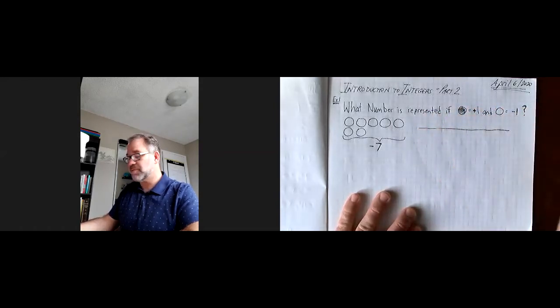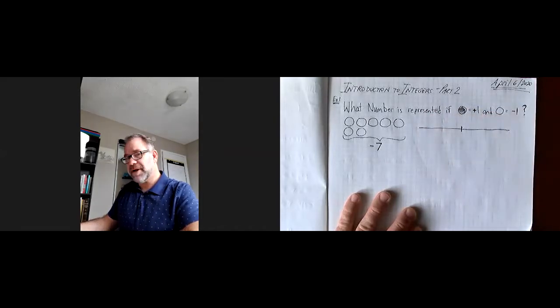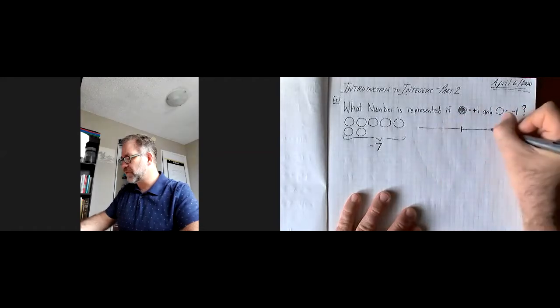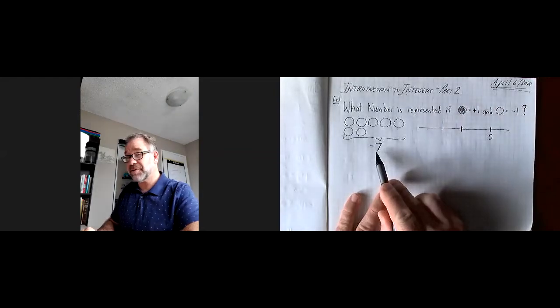Now, a lot of times when we work with number lines, most number lines you see 0 is right in the middle. But what I'm actually going to do is bump 0 over to the right on my number line, because my integer that I'm working with is -7.